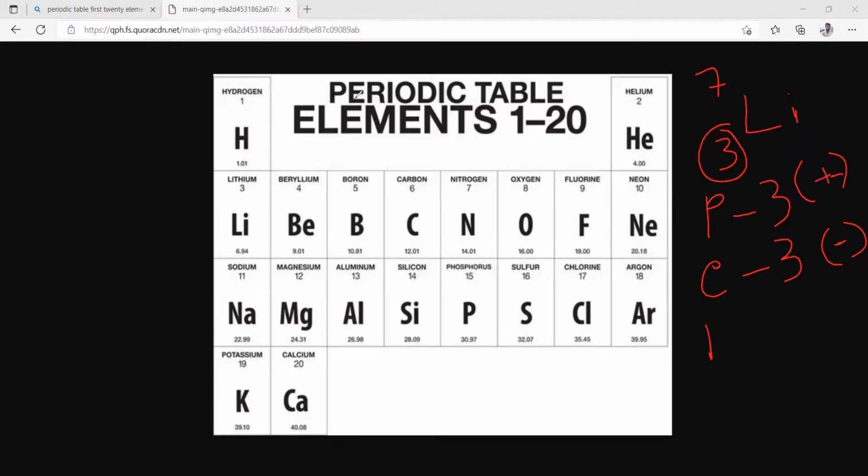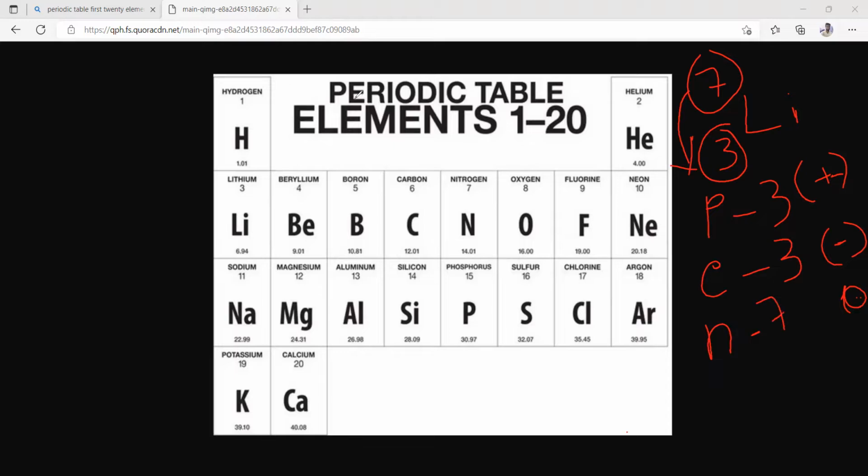Then we are going to find the number of neutrons. Neutrons are always neutral. It means they are not charged, neither positive nor negative. So we find the number of neutrons by subtracting the atomic number from the mass number.